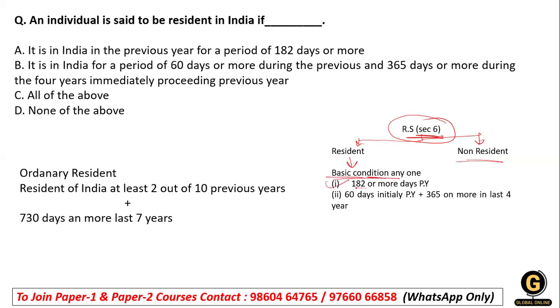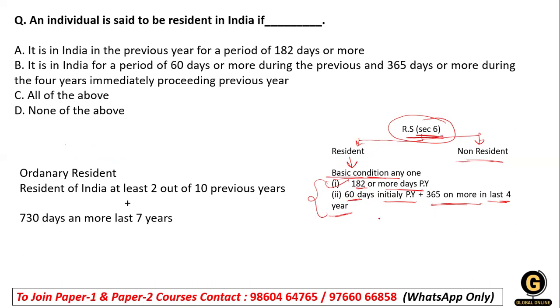One condition is that the assessee must live in India 180 days or more in the previous year, or 60 days in the previous year plus 365 days or more in the last 4 years. If we fulfill this condition, then he will move to resident.